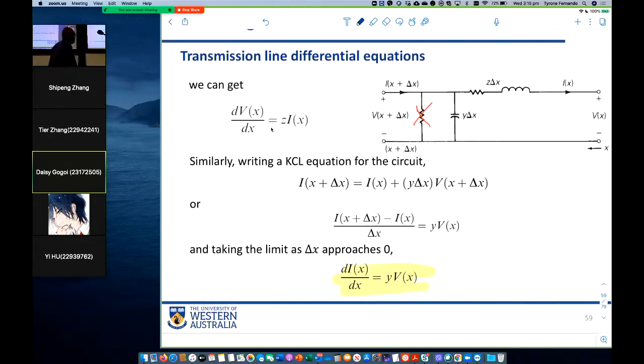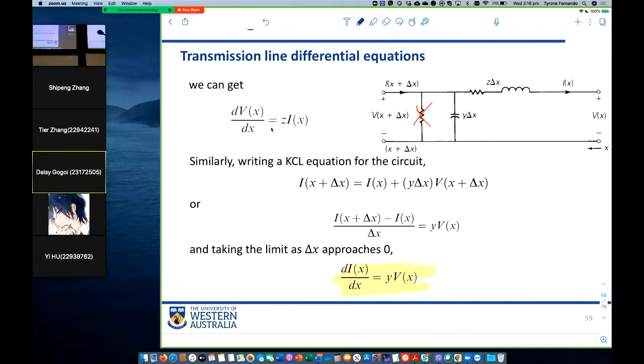Here again, this is the same equation that we derived in the previous slide: dV dx equals Zix, applying Kirchhoff's voltage law. Now we can apply Kirchhoff's current law. The current Ix plus delta x on the horizontal branch on the left, on the top, must equal the current Ix flowing out of that first node, plus the current that flows in the shunt through the capacitor.